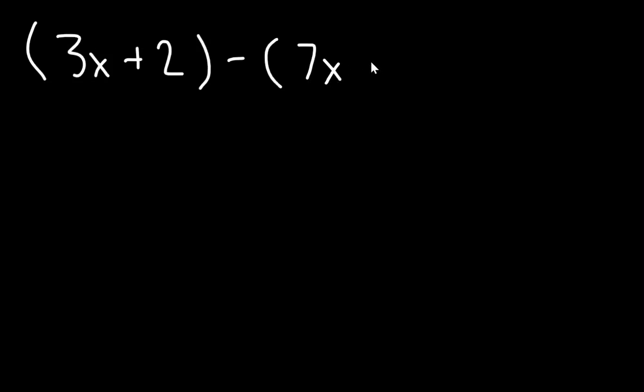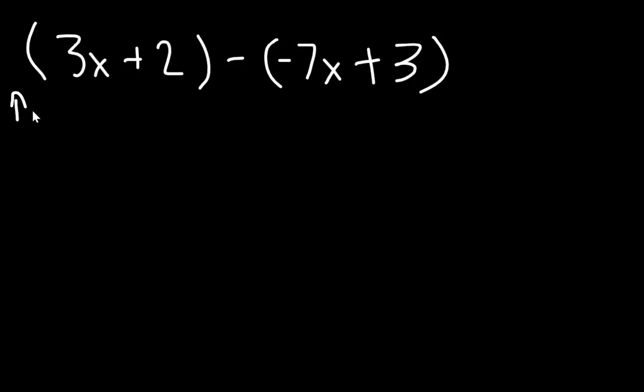So we'll do one more practice problem. You can kind of just go back if you're missing anything, or if you have any questions, you can ask on the Discord server. But now let's do one with negatives. What is 3x plus 2 minus negative 7x plus 3?